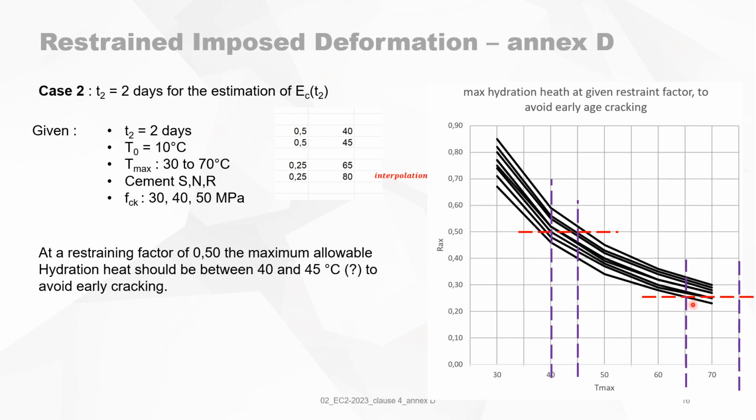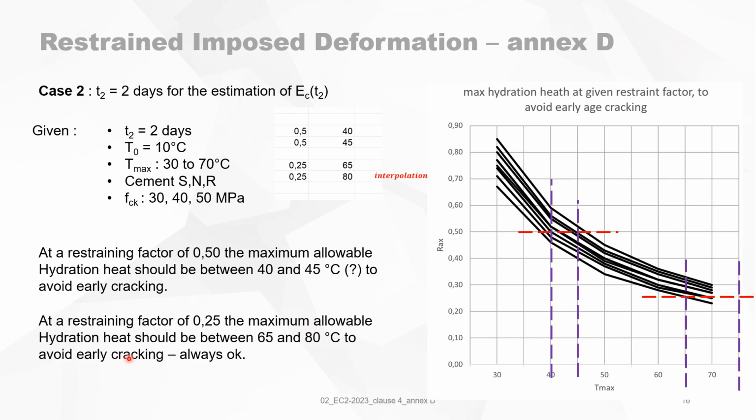And on the other hand, at the restraining factor of 0.25, the maximum allowable hydration heat should be between 65 and 80 degrees. So this is always okay when the hydration heat is less than 60 degrees. So you have a certain restraint that you can allow, 0.25, that's the maximum, in case that you take the lowest modulus of elasticity after 2 days.